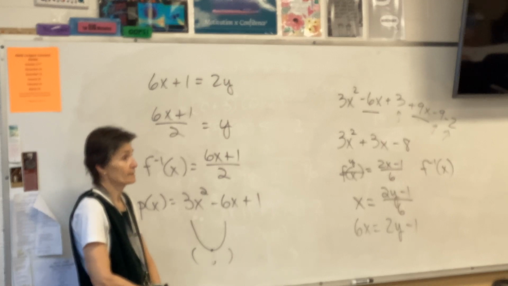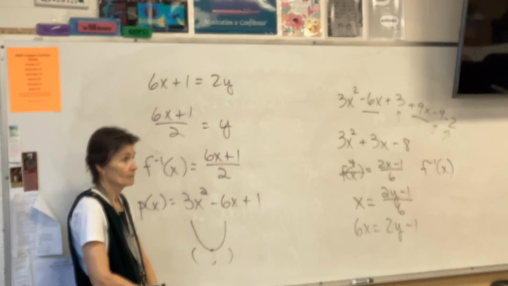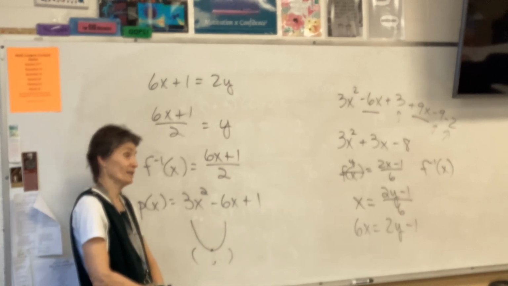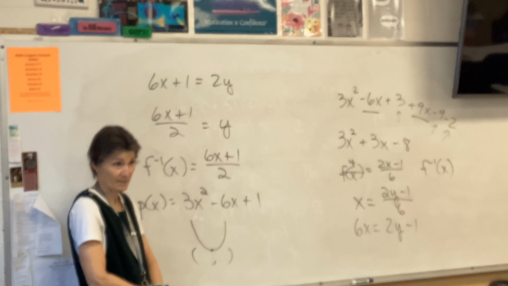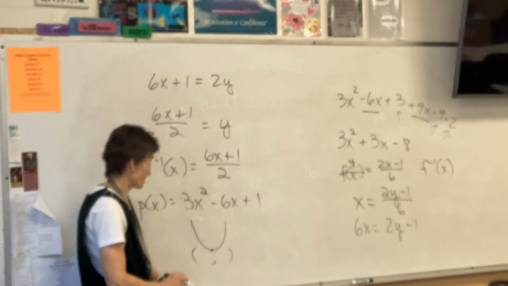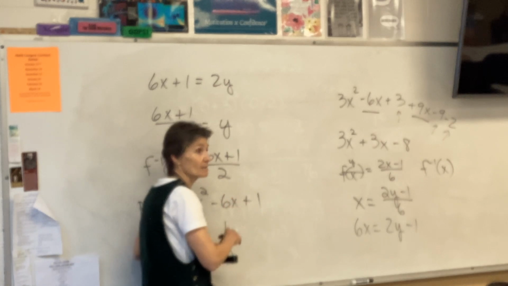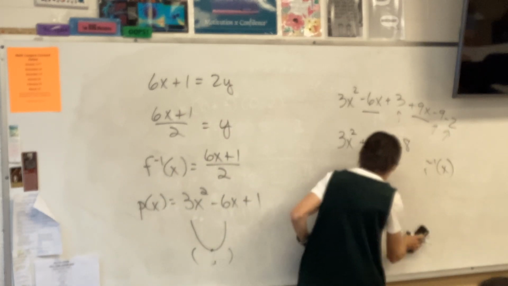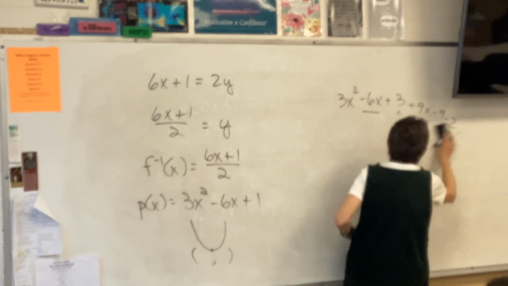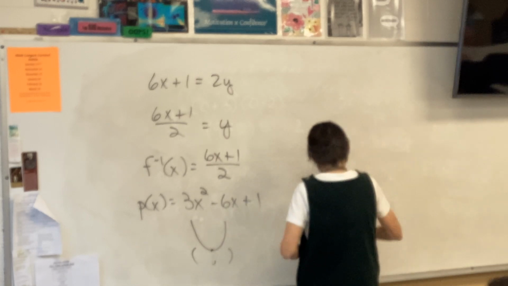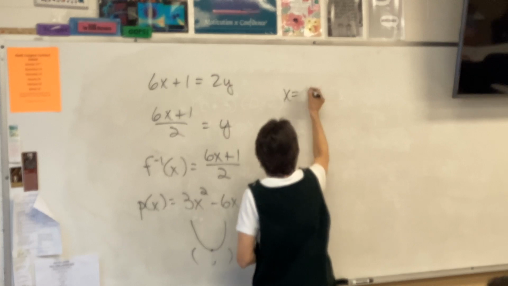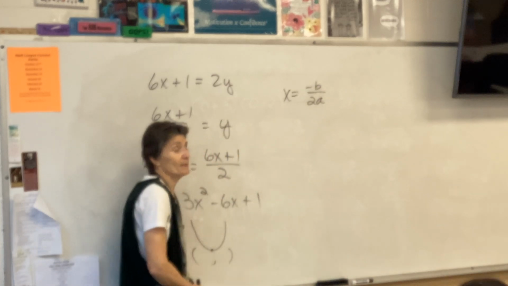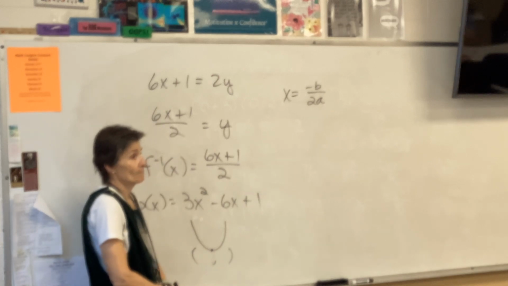So it has something to do with A, B, and C. Actually, it only has to do with A and B because our formula is x equals negative b over 2a. X equals negative b over 2a.